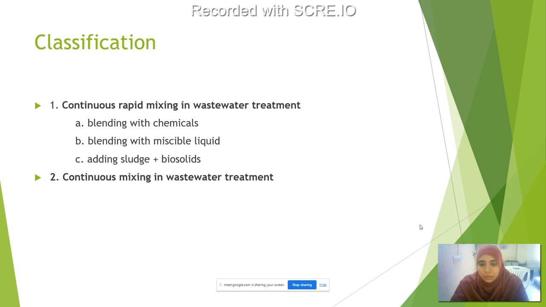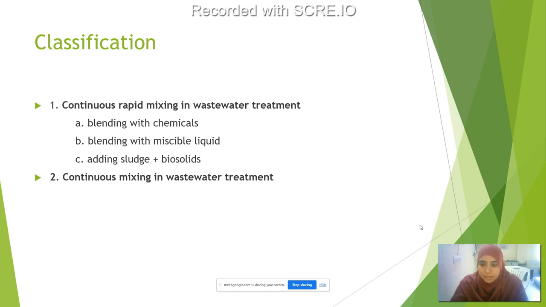The third is addition of chemicals to sludge and biosolids to improve their dewatering characteristics. Typical examples of this mixing used in water treatment facilities will be explained later.